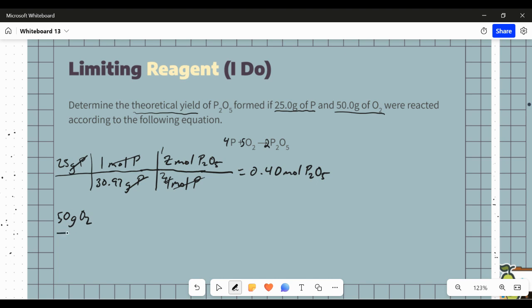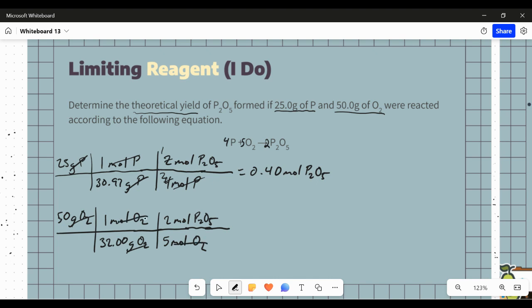Now I'm going to do the same calculation, but I'm going to start from 50 grams of O2. So convert it into moles. That's 32.00 grams of O2. Again, that's the molar mass. Cancel my units. Use the mole ratio: 2 moles P2O5 will be formed from 5 moles of O2.